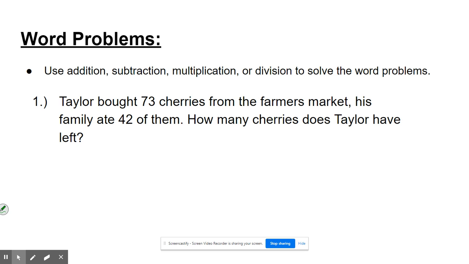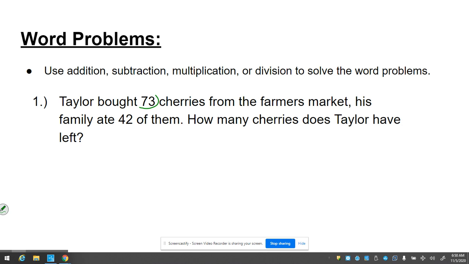So we know he originally had 73, and his family ate 42 of them. I know this might be a subtraction problem because they're taking away 42 of the cherries because they ate them. They're not adding more, they're getting rid of them.